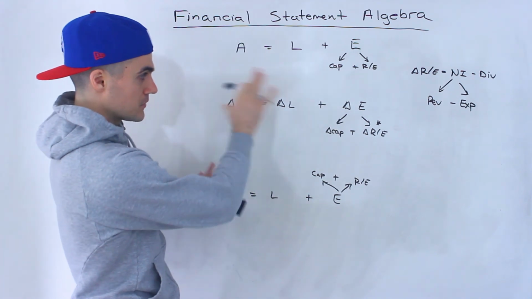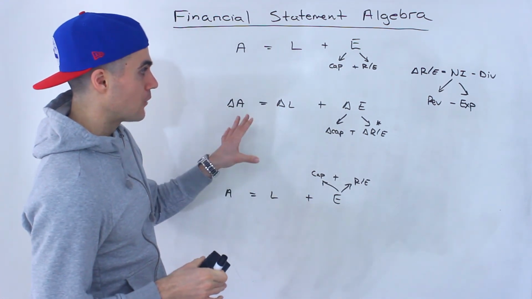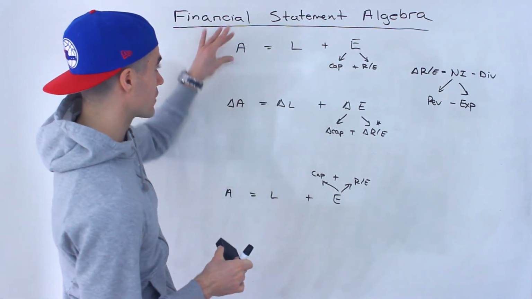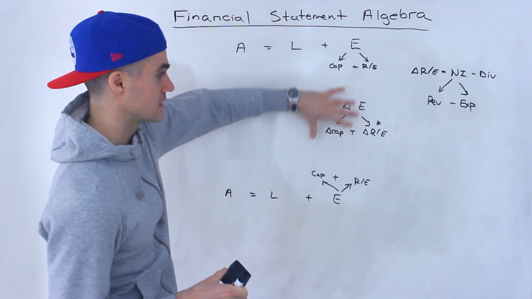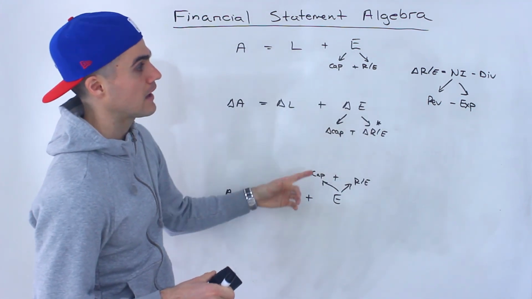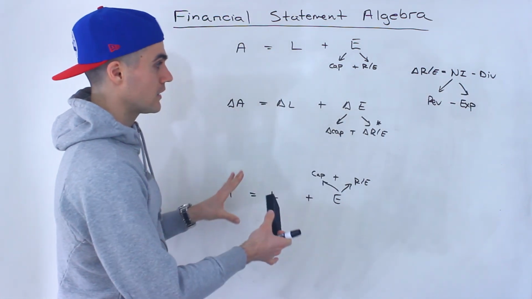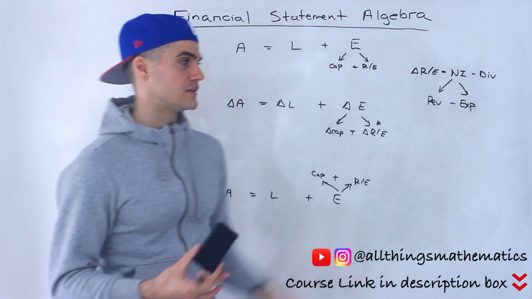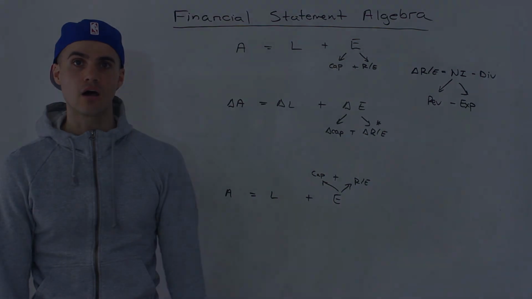And then from here, once everything is filled in, we can see easily how we can get to things that they're asking for in the question. They're going to give us, for example, maybe beginning assets and then a change in liabilities and then maybe some information here. And then they may ask for what are the dividends, right? So we're going to have to go through it, fill in what we can in order to get that final dividend number. So that's just an example, and we're going to go through a bunch in the next couple of videos.